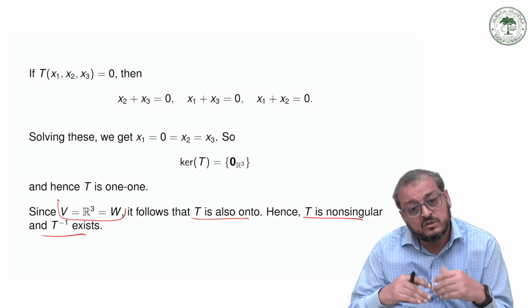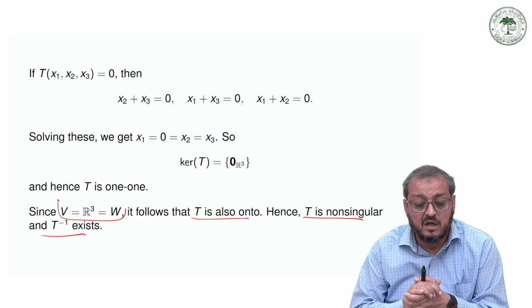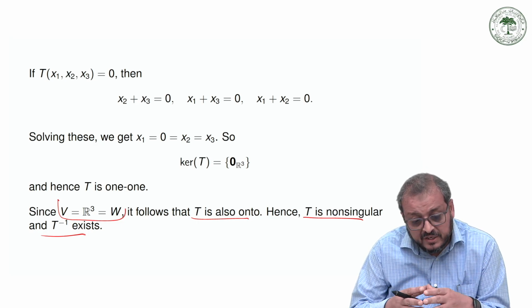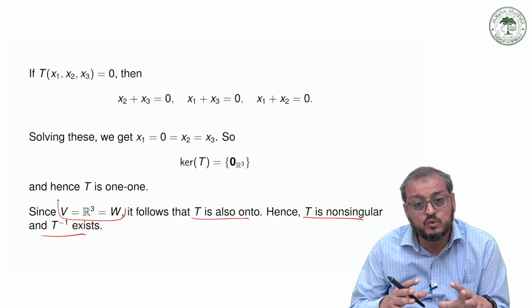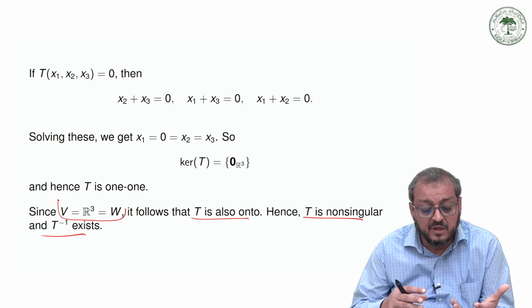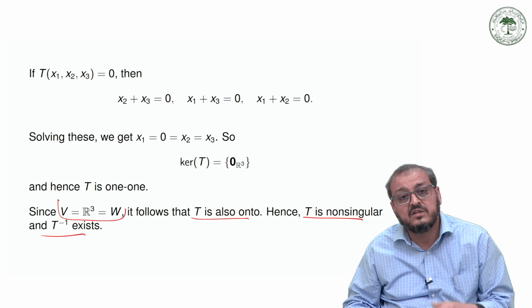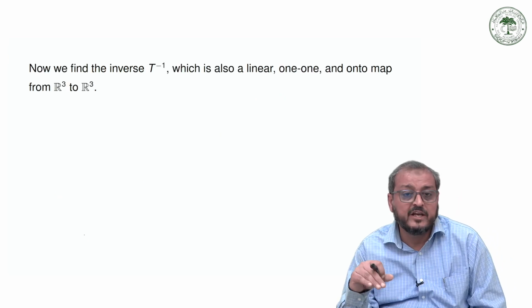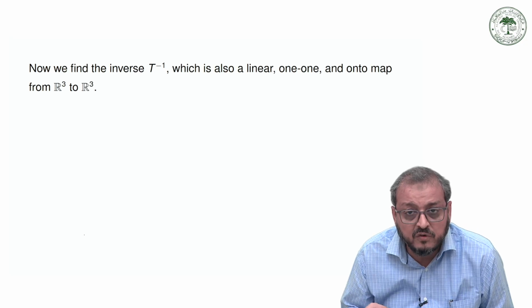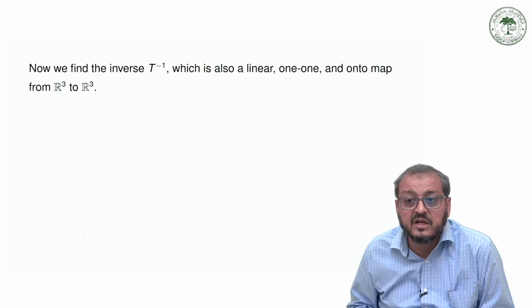Now if it is non-singular, then we have to find the inverse of this linear transformation. There are two methods for finding the inverse: one is the direct method and another we have to write. I will try to explain both methods for finding T inverse, which is also a linear, one-one, onto map.